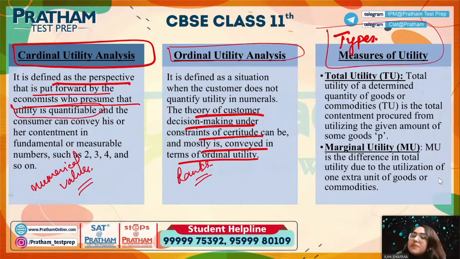I have spent this much amount and I have got this utility. So the total utility of a good or service is determined by the total satisfaction, the total contentment we got from the amount we consumed and paid for. We call it total utility, right?